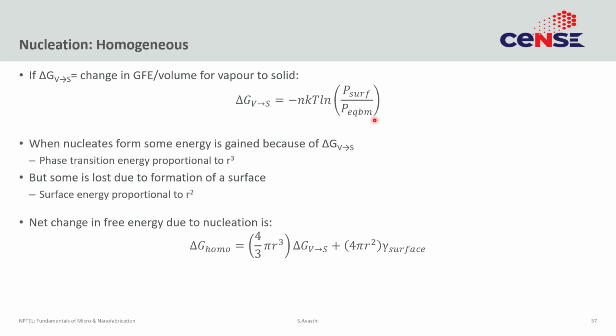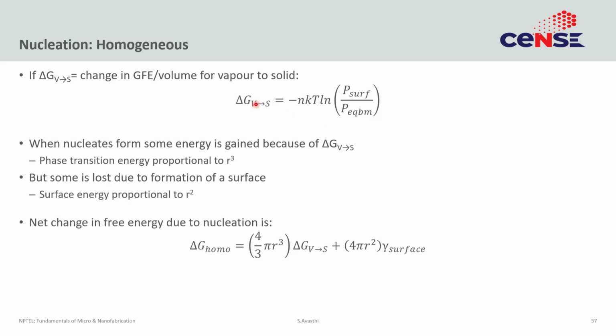Now, when material ultimately does nucleate, then it's reasonable to assume that it will form a sphere, because this is a gas phase reaction. So, it should not be biased in any particular direction. But when something forms a sphere, it gains something and it loses something. So, what is it gaining?